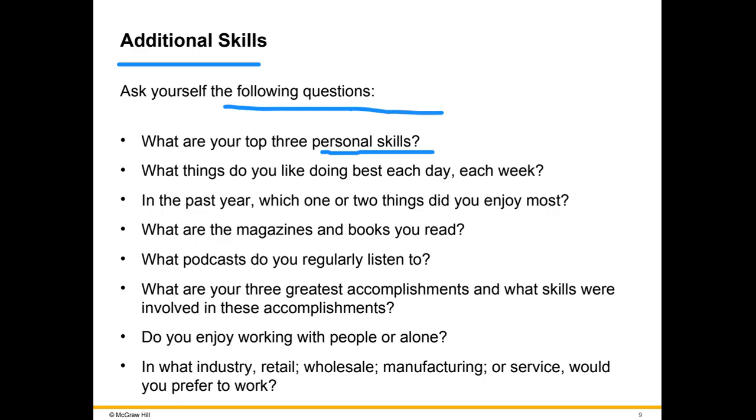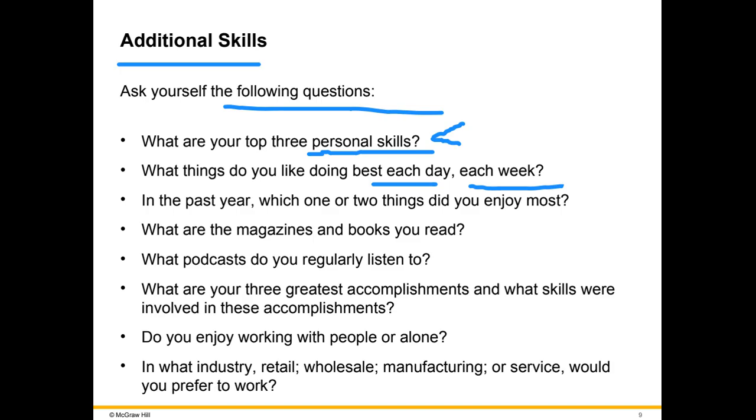Or if somebody is very good in sports and skills. What things do you like doing best each day, each week? If you jot these down, write them down for yourself, this will tell you the priorities in your life and the skill set that you are developing over a period of time.